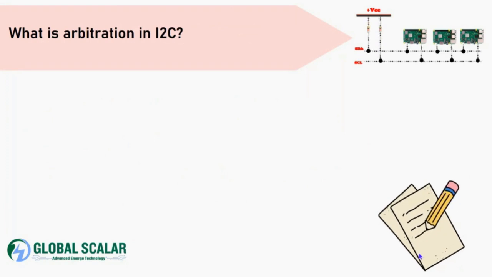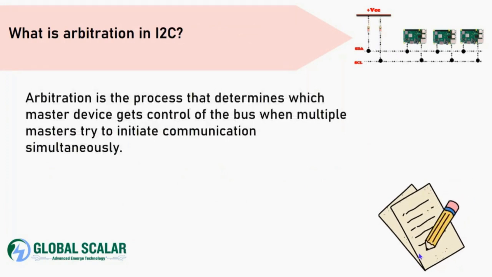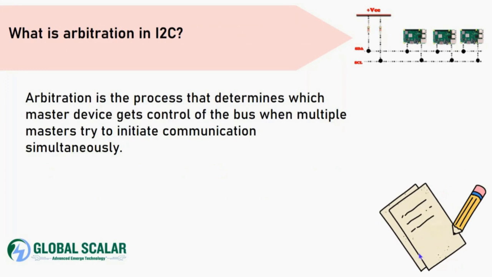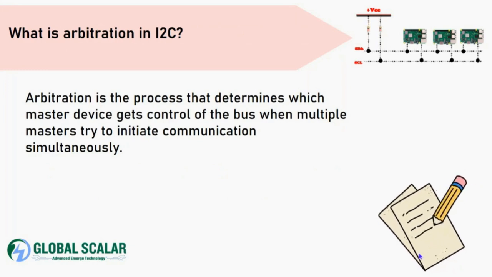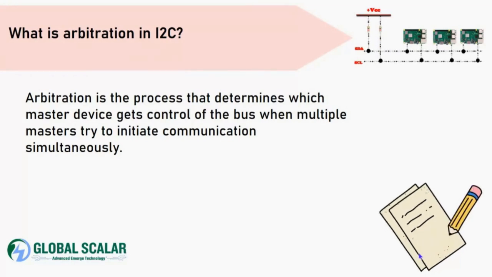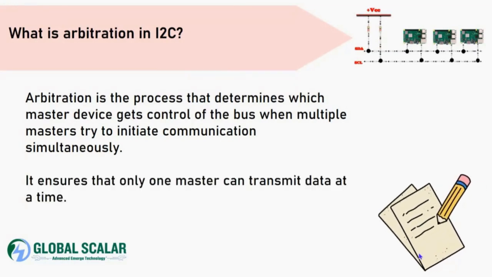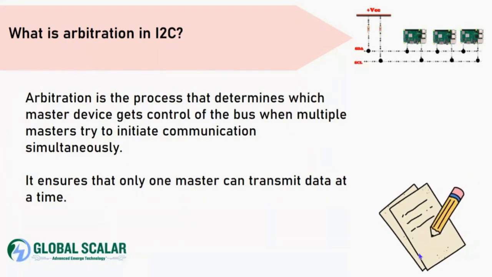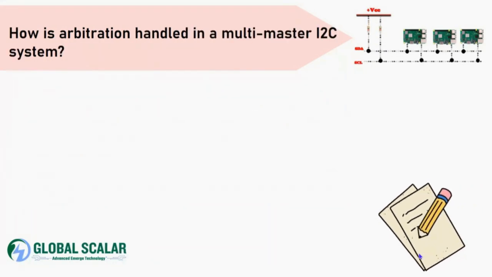What is arbitration in I2C? Arbitration is a process that determines which master device gets control of the bus when multiple masters try to initiate communication simultaneously. It ensures that only one master can transmit data at a time. How is arbitration handled in a multi-master I2C system?